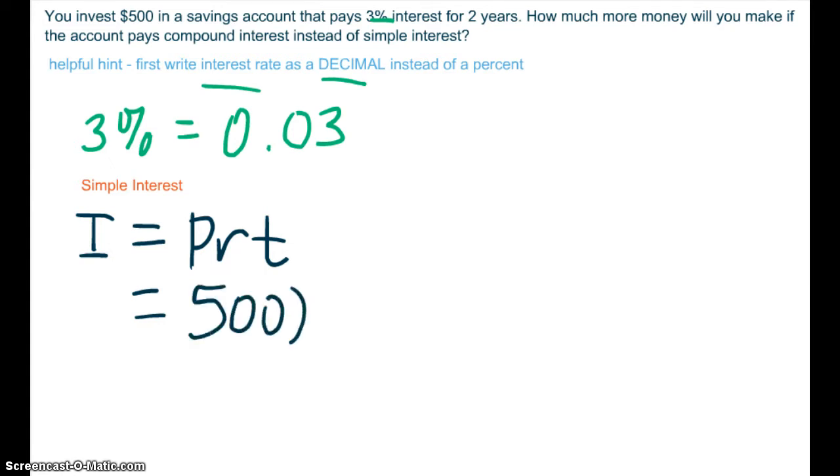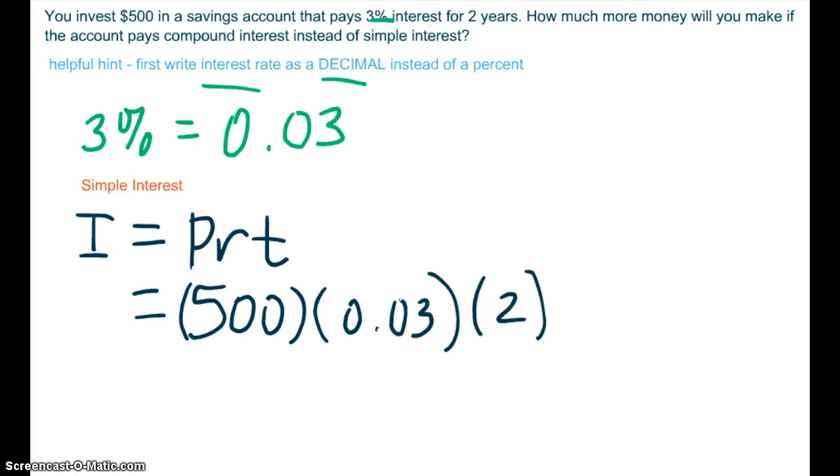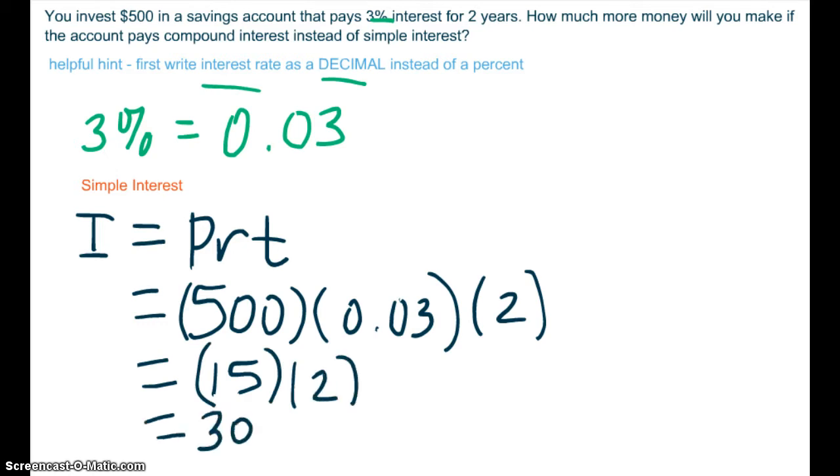That's $500 times the rate, remember as a decimal, is 0.03, 3/100 times the time, which is 2 years. 500 times 3/100 is 15 times 2 years is $30.